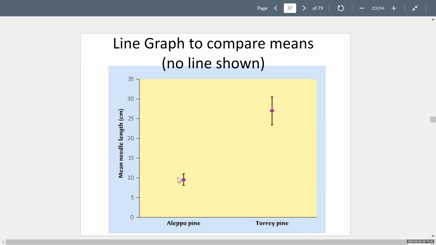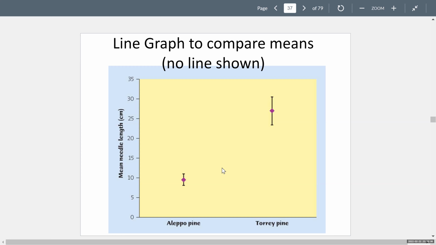So we can see here with the standard deviations put on this graph, shown as these error bars that stick up and down, Aleppo pine not only is smaller, but it has the smaller differences between individuals. So the variation in the data set is smaller. Torrey pine has longer needles, and those needles are more variable in size from one another than the Aleppo pine needles are, but there's still a pretty big gap in between.